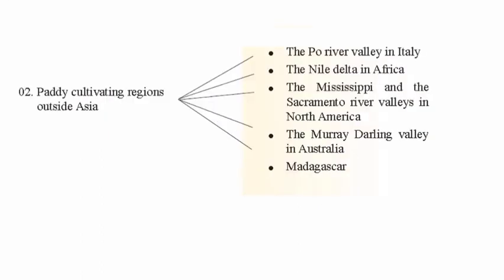There are some paddy cultivating regions outside of Asia. The Po River Valley in Italy, the Nile Delta in Africa, the Mississippi and the Sacramento River Valley in North America, the Murray-Darling River Valley in Australia, and Madagascar Island are paddy cultivating regions outside Asia.